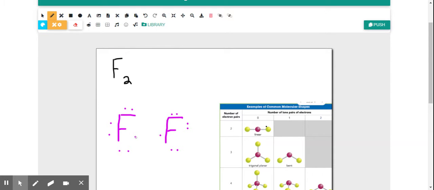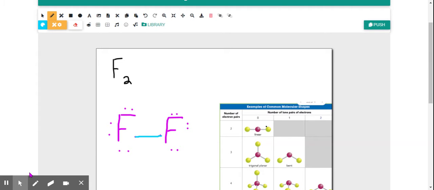So we're going to form a bond right here between these 2 solo electrons, which means those 2 fluorine atoms are connected by a single covalent bond. Now, no matter how you flip this molecule around, it's always going to have the same shape. It's just going to be linear.